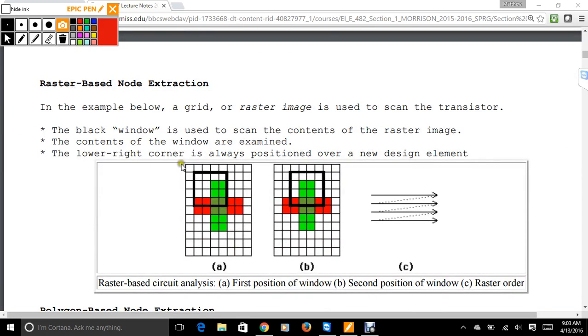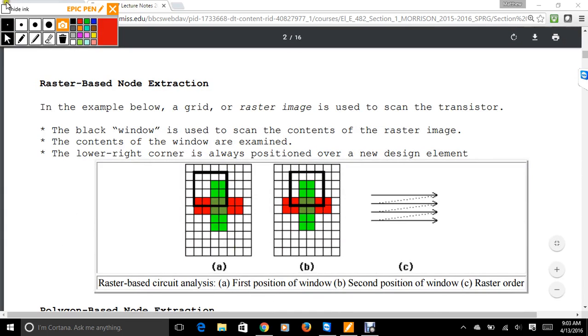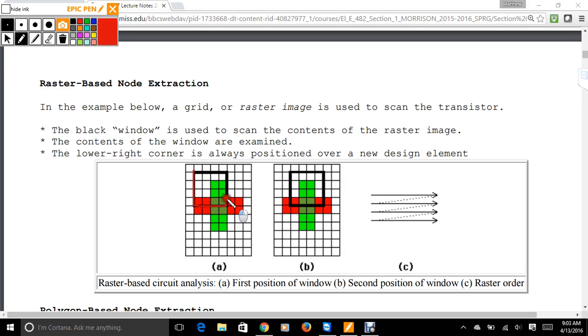So this is an example, and you're going through here and doing a design rule check. It's going to move along, and you make sure that along each little area it meets a set of rules. So it's going to eventually go over the entire design, moving through in the manner that it's talking about here.